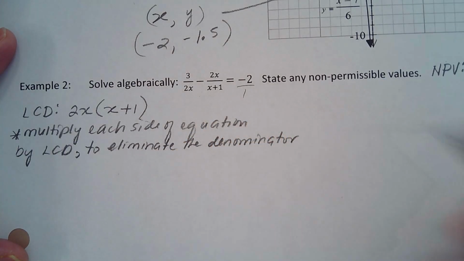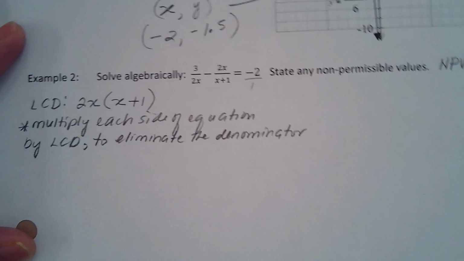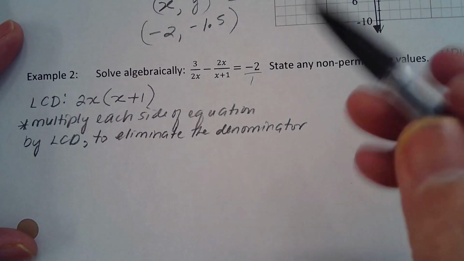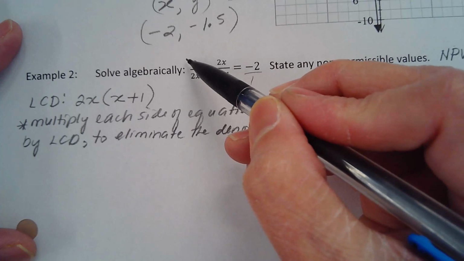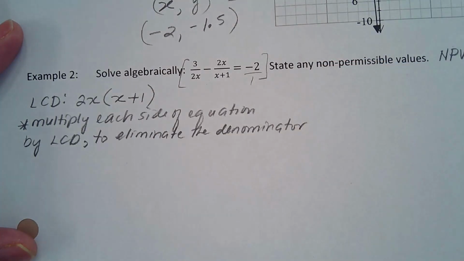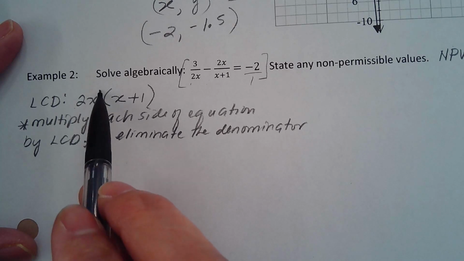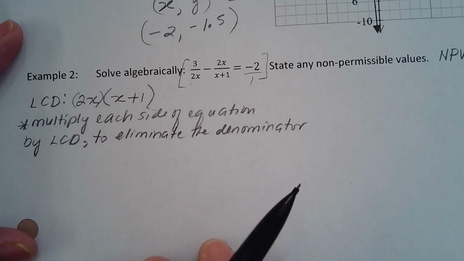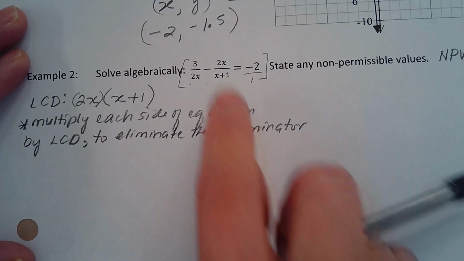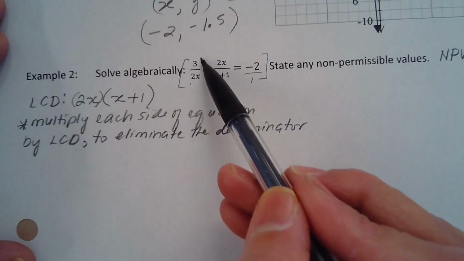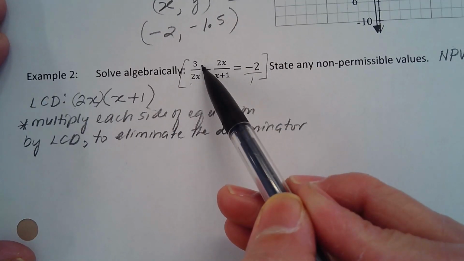Okay, it's easier when we don't have a denominator. So we're going to multiply both sides of the equation by 2x times x plus 1. So what would happen if I multiply this by 2x times x plus 1?